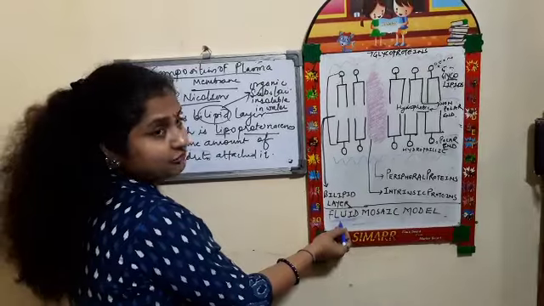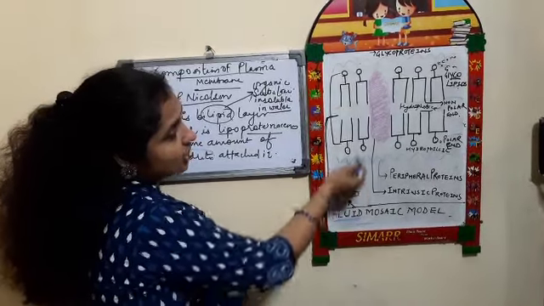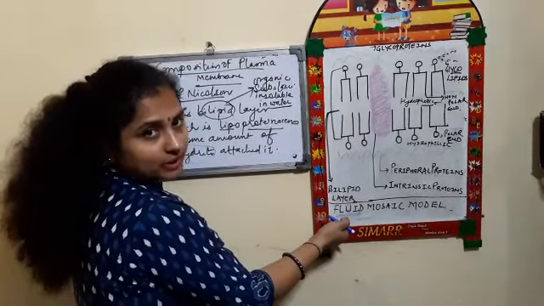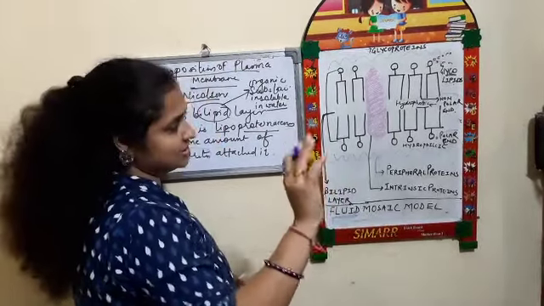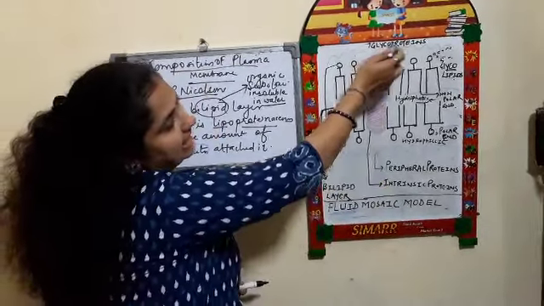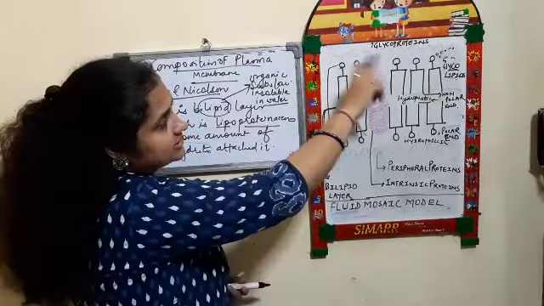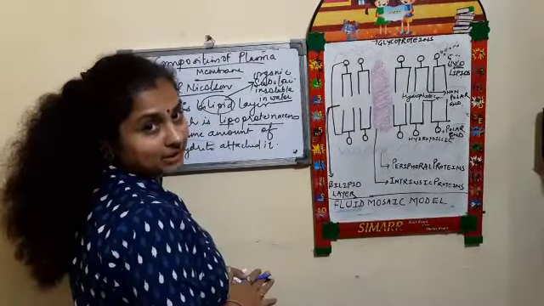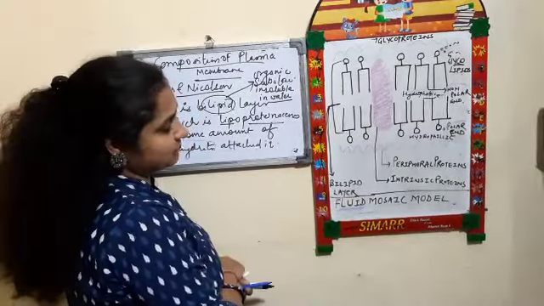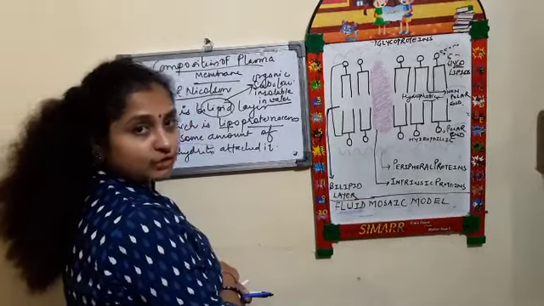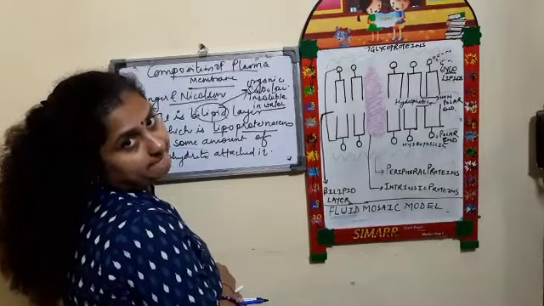That's why fluidity is important. So on that basis comes the term fluid. And what is mosaic? Mosaic are some patches of proteins and carbohydrates which are present within this membrane. That's why Singer and Nicholson proposed this name, fluid mosaic model.